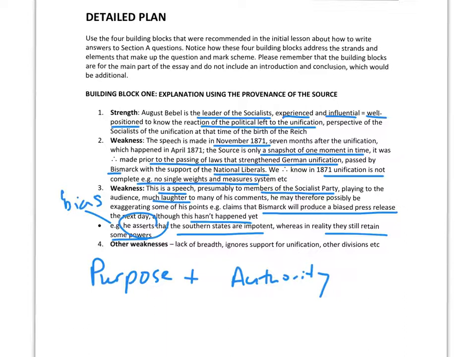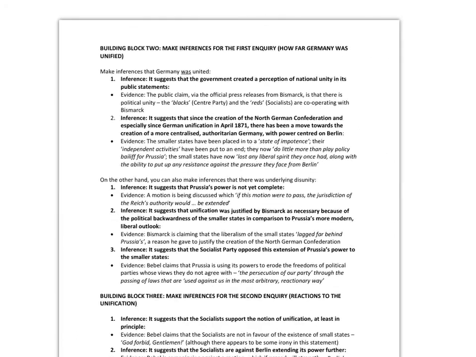Okay, so that's building block 1. Moving on to building blocks 2 and 3. Building block 2 is very much the inferences. I won't read through them line by line. We picked up on those when we were annotating the actual source. So this is where you really go into the source.